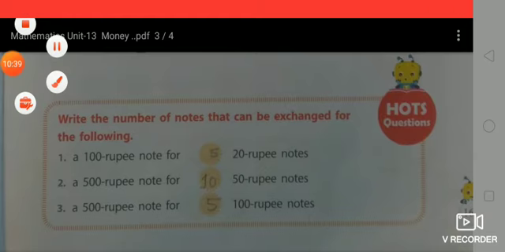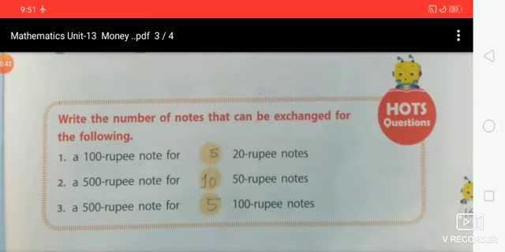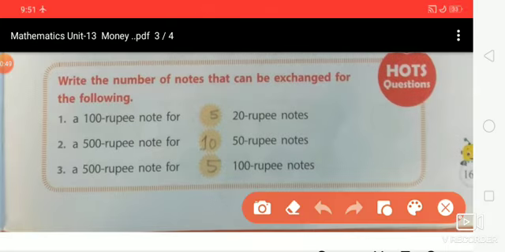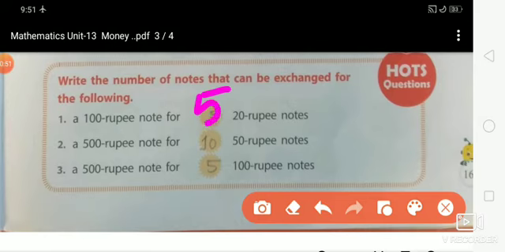Write the number of notes that can be exchanged for the following. So first one, a 100 rupees note for 20 rupees notes. Fill it now. 100 rupees note for 20 rupees notes: that means 5 notes of 20 equal 100 rupees. Okay.